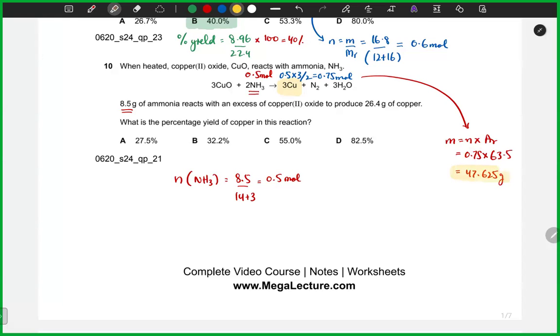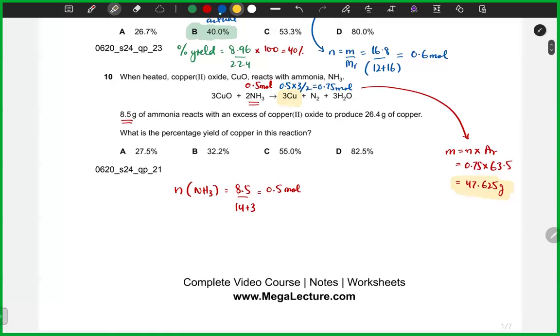Now this one, okay, I found the theoretical, right? This is the one I found using my calculator. What he's actually saying is, okay, he's getting 26.4 grams. This is the actual value, and this is the one that I calculated on my calculator. So I'm going to find yield. How do you find percentage yield? That's actual, which is 26.4, over theoretical, this is 47.625, times 100.